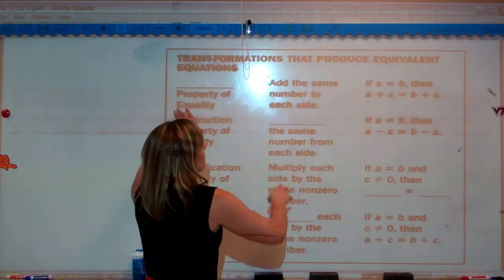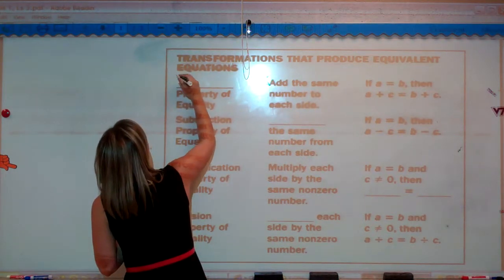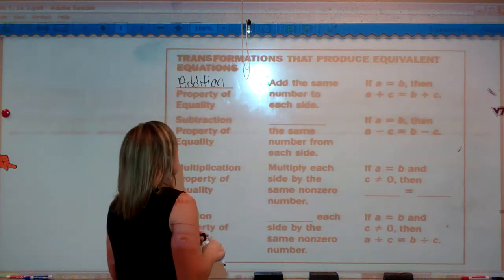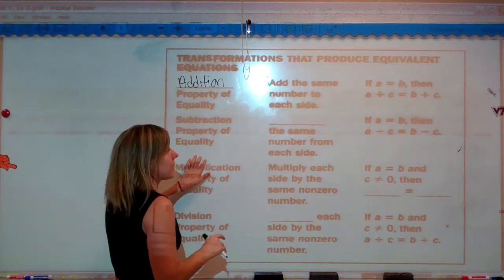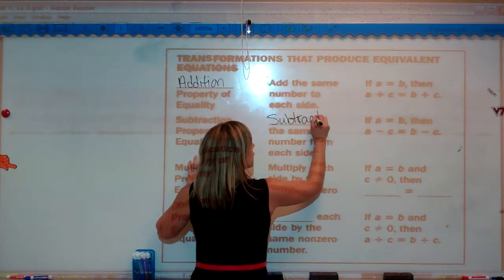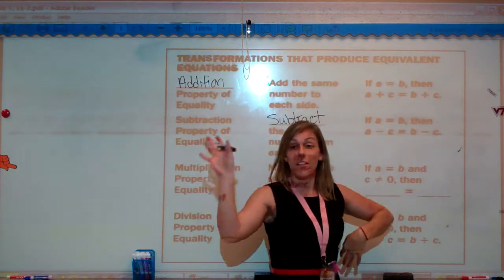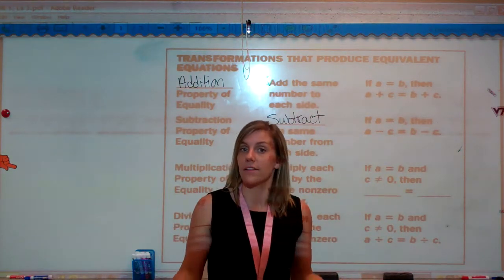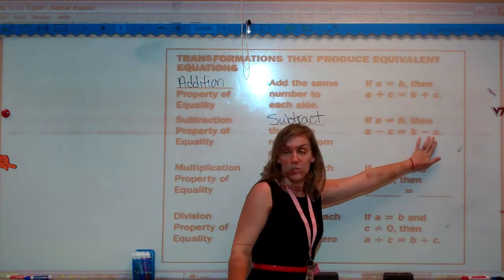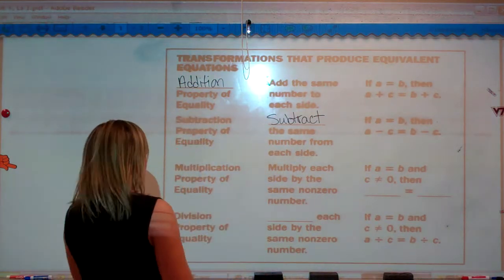So if we add the same number to each side, that is our addition property of equality, okay? The subtraction property of equality means we subtract the same number from each side. So if I add C to the left, I have to add C to the right. It has to stay balanced. It has to stay equal. If I subtract C from the left, I have to subtract C from the right. It has to stay balanced. I have to stay equal with it, okay?